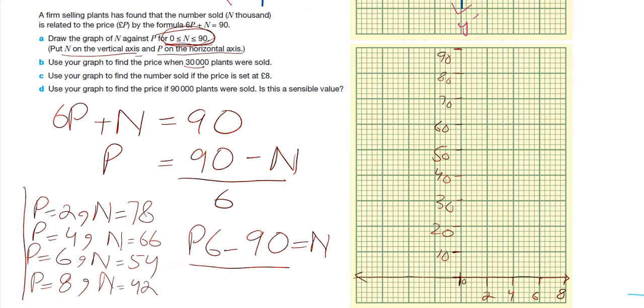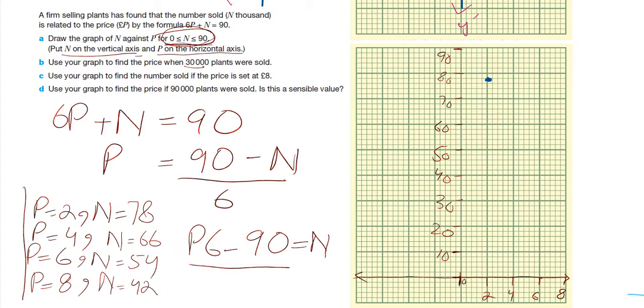Let's say p is 2, the value on the y axis that would be 78. Okay, so 71, 2, 3, 4, 5, 6, 7, 8, and 9. So there will lie our 78.